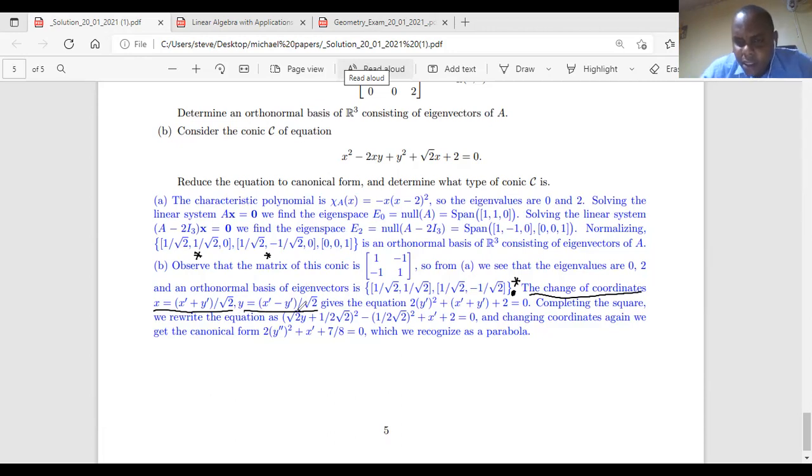And that is this sentence. For example, completing the square. This is something I know how to do, right? Everything. But now the part where he changes the coordinates into this stuff, that's the only part that is giving me a headache.